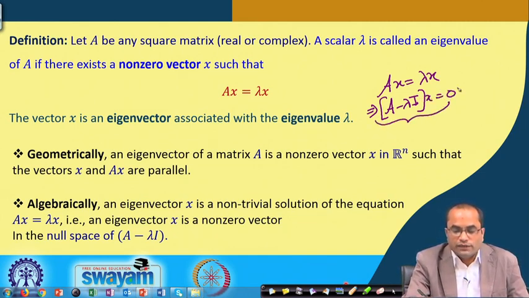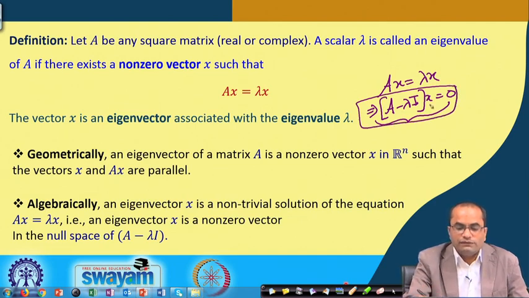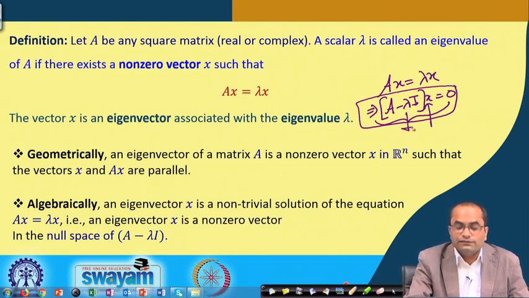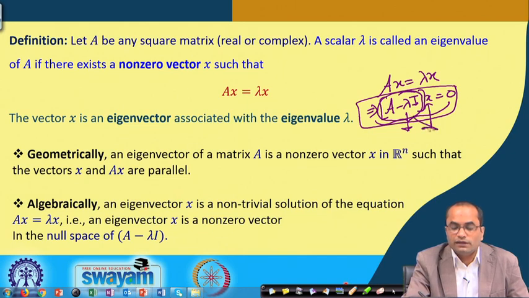So, basically we are looking for the non-trivial solution x of the system of linear equations A minus lambda I x is equal to 0, and this is exactly the definition of the null space of A minus lambda I. Here the matrix is A minus lambda I, and the x vector we are looking for is in the null space of this matrix.